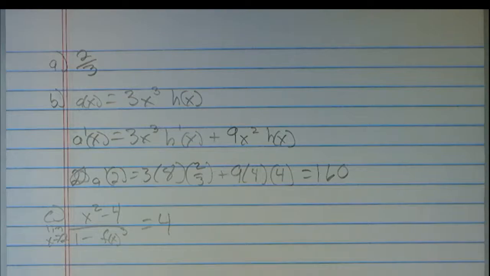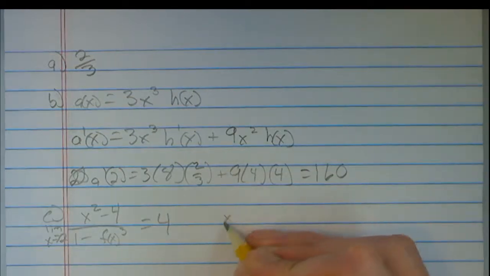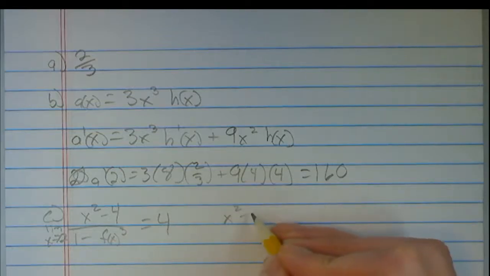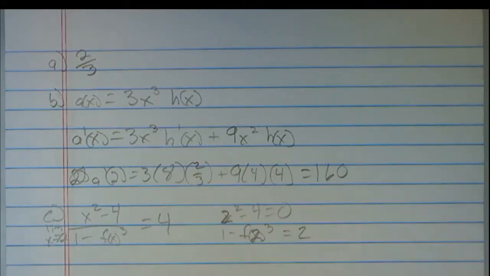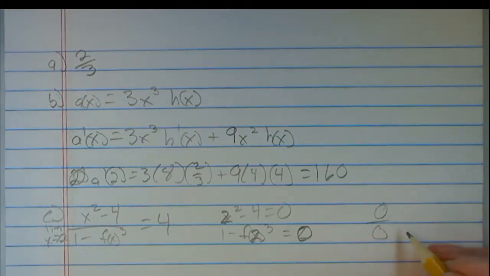And if we're evaluating it using L'Hopital's rule, we know x squared minus 4 is equal to 0, and 1 minus f of x cubed is equal to 0. 2 squared minus 4 is equal to 0. Okay, so right, we're using L'Hopital's rule in the case where we end up with 0 divided by 0.